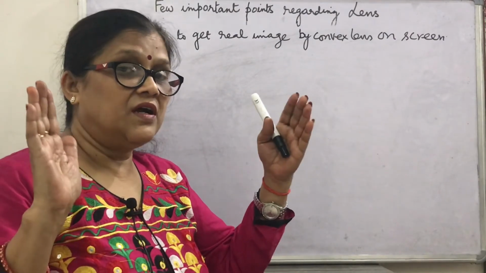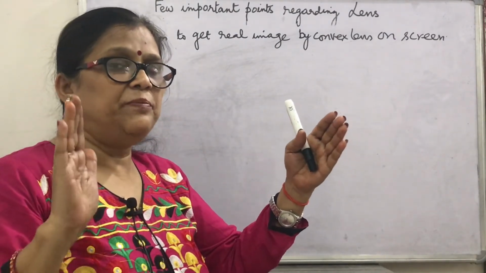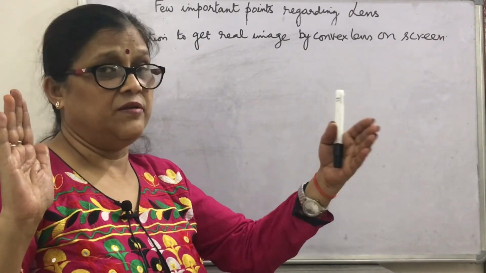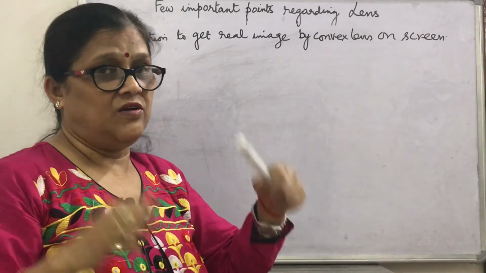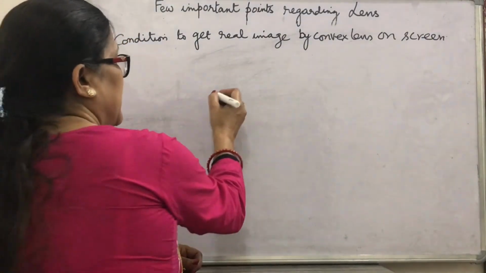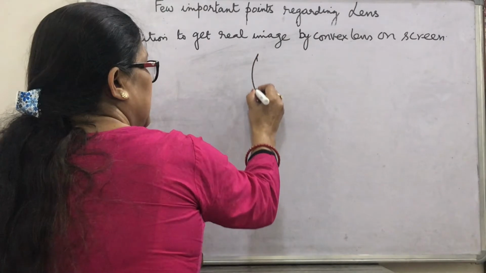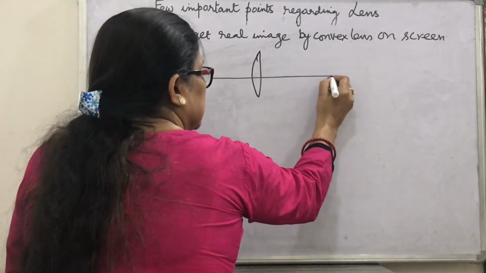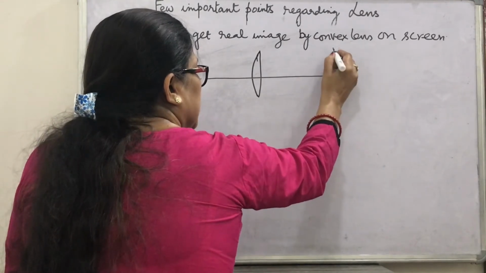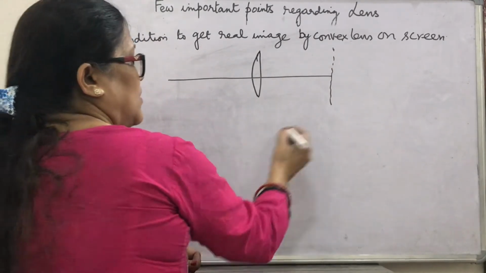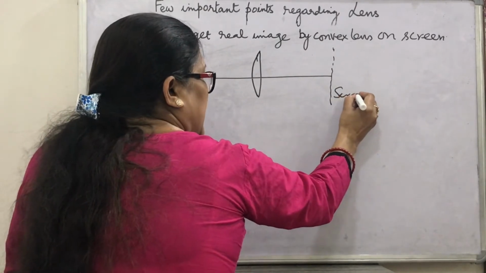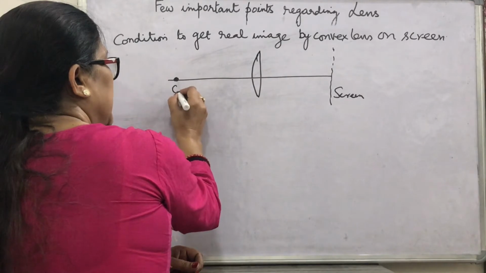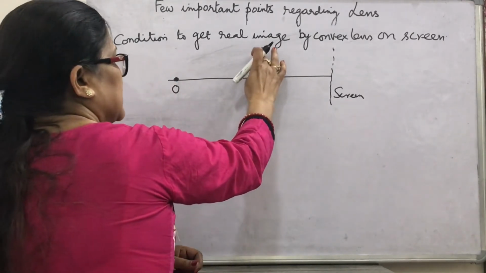What should be the condition for separation between object and screen to get a real image at the screen? Look, I am showing here that suppose this is the convex lens, and if this is the position of a screen, this is the screen at which you have to get the real image of the object placed here in front of the convex lens.